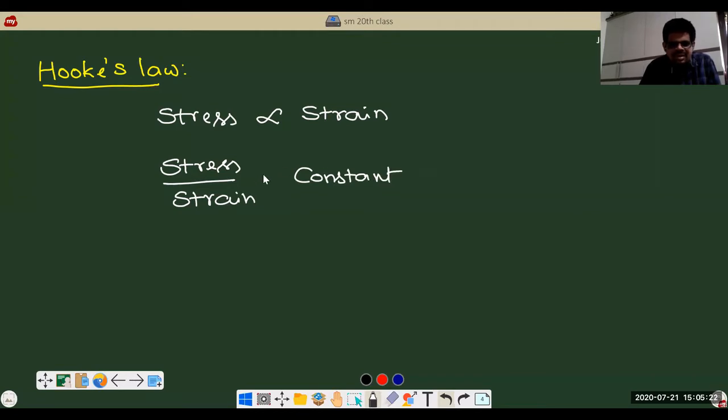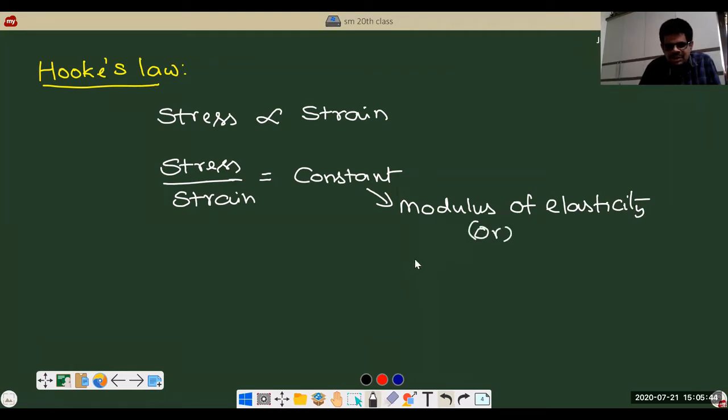So stress by strain is equal to constant. This constant is known as the modulus of elasticity. There is another name for it, that is Young's modulus. You have to remember these words. Young's modulus.